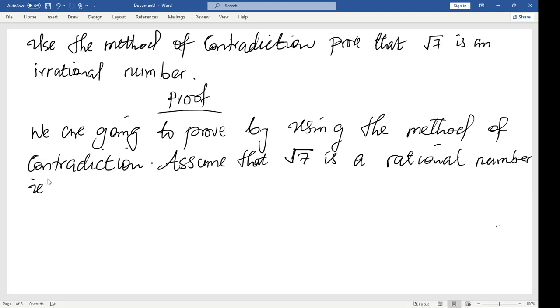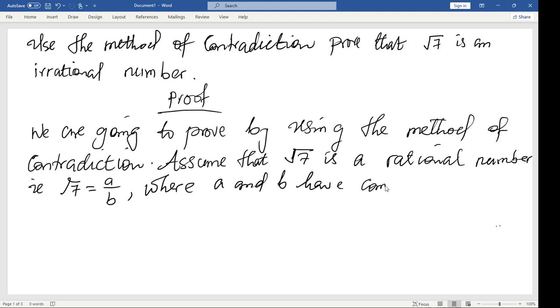So we just say that the root of 7 is simply equal to a over b, where a and b have no common factor, and b is not equal to 0.